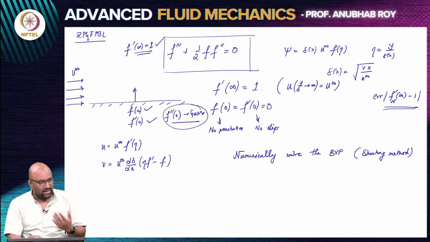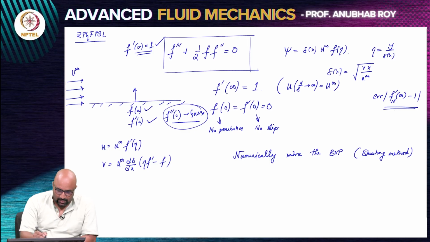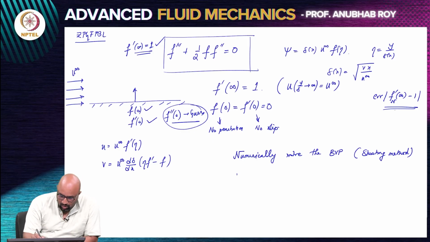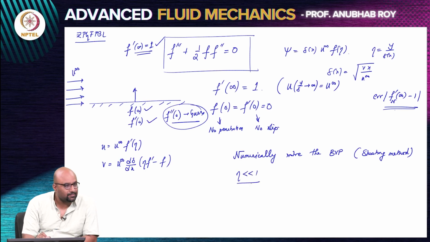So, when Blasius did this, the only way of doing these things was primarily using very rudimentary computation, or in a sense rudimentary approximations. One approximation that was done was to find out what is the nature of the solution when eta is very small.